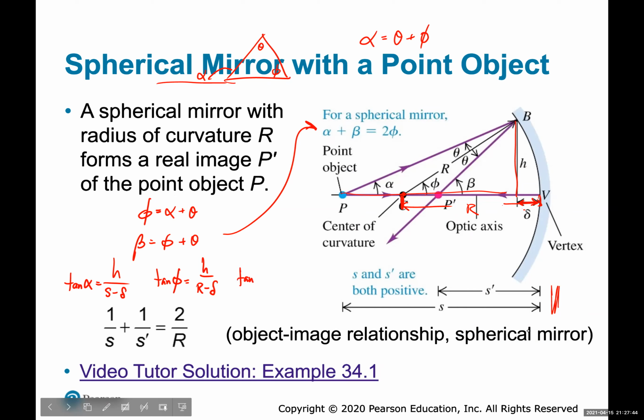And last but not least, tangent beta is h over s prime minus delta. If these angles are small, then tangent of an angle is about equal to the angle itself.